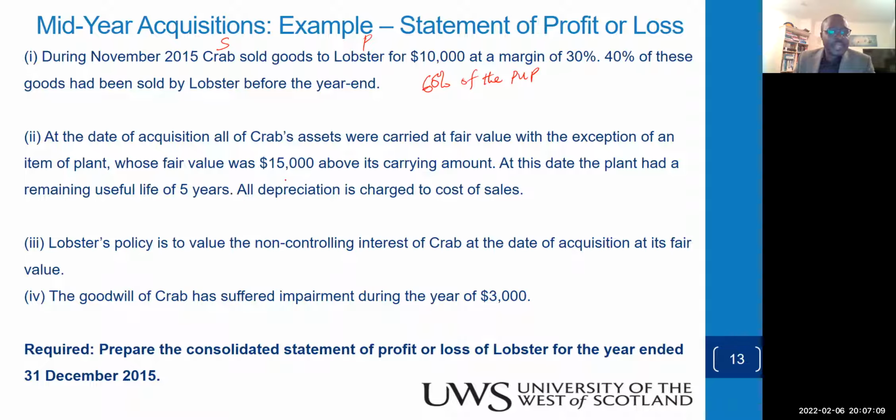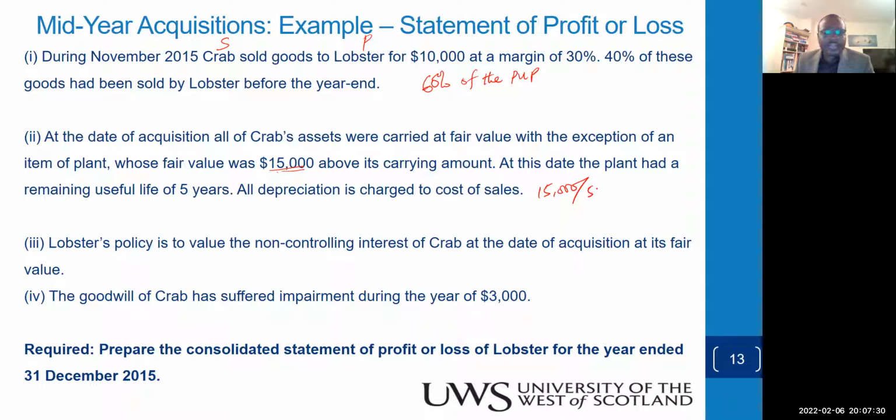We move on to say at the date of acquisition, all of Crab's assets were valued with the exception of an item of plant which is 15,000 above its carrying amount. At this point, the plant had a remaining useful life of 5 years. So again, we have our 15 divided by 5.